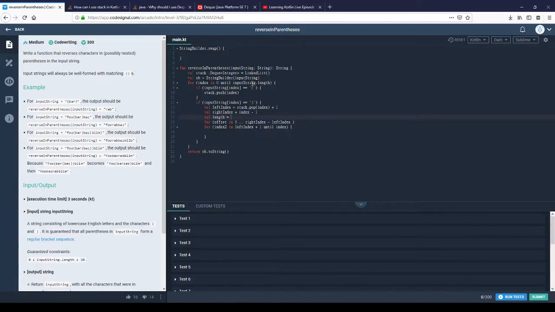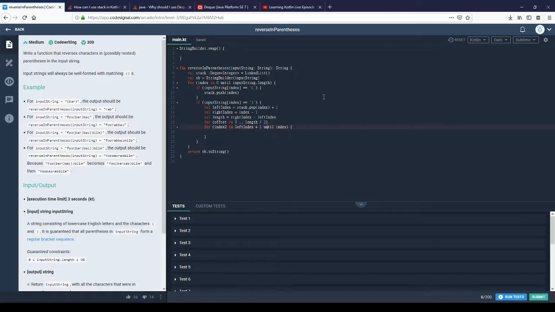Length equals right index minus left index, and we start from 0 to length divided by 2. Actually, that's correct.